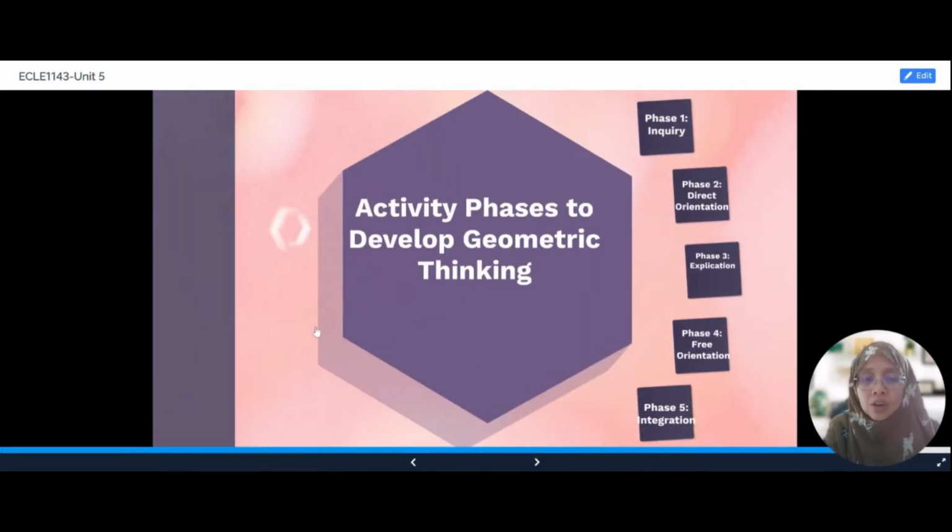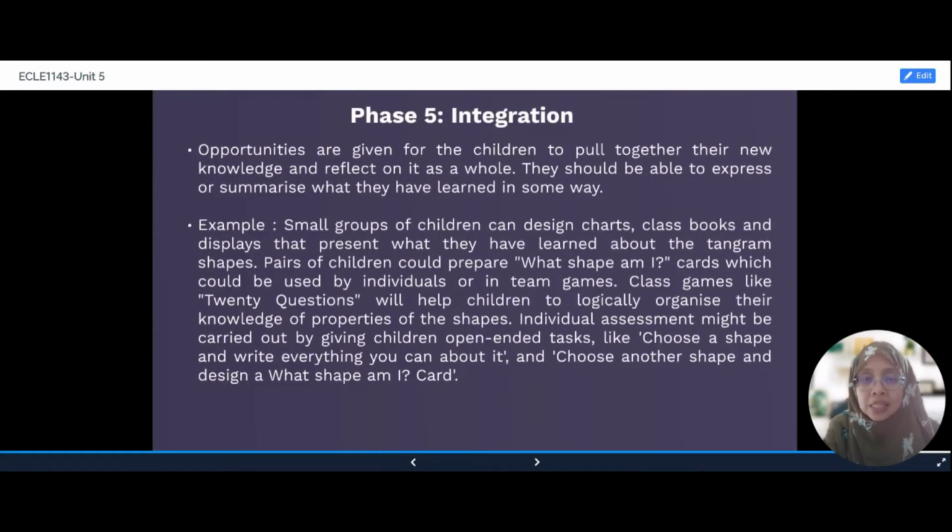And last but not least is phase 5, integration. Okay, integration, apa yang mereka dah belajar, put in the things that they can explain in the group, for example. Contohnya, in a class game, like 20 questions will help children to logically organize their knowledge of properties of the shapes. Yeah, so choose a shape and write everything you can about it.